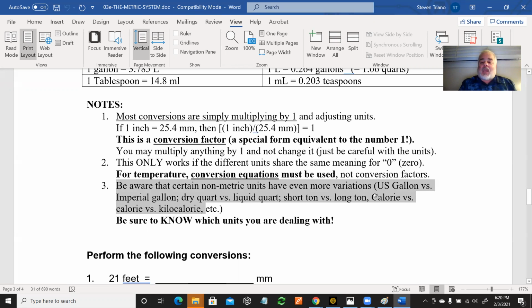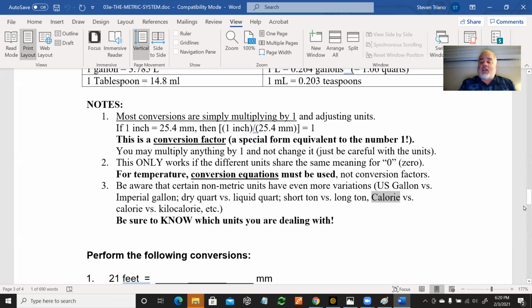A calorie with a capital C is actually the one we use for nutrition. It's actually 1,000 of the calories with a lowercase c. So if you're on a 2,000 calorie a day diet, it's actually 2,000 times 1,000 calories in terms of the scientific measure of calories. 1 nutritional calorie equals 1,000 scientific calories.